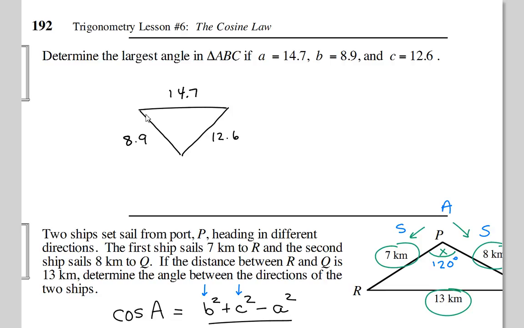That's better. I don't know. I put 9 for some reason. It's 8.9. And I used 15 for some reason, but it's 14.7. And 12.6. I was rounding in my head and writing at the same time, so it's like a Freudian slip. So which angle is going to be the largest?